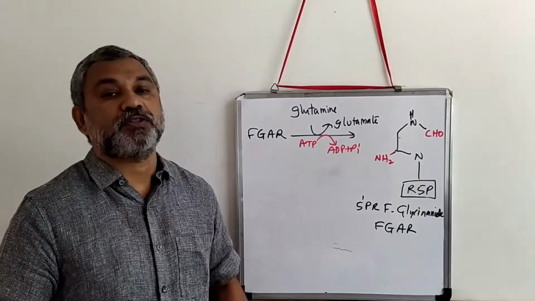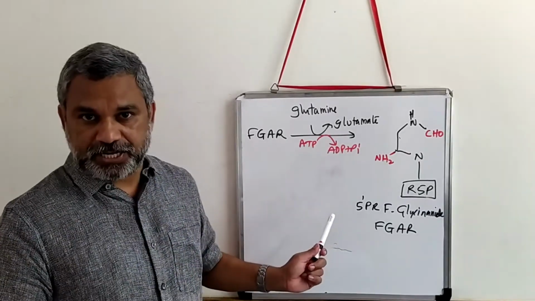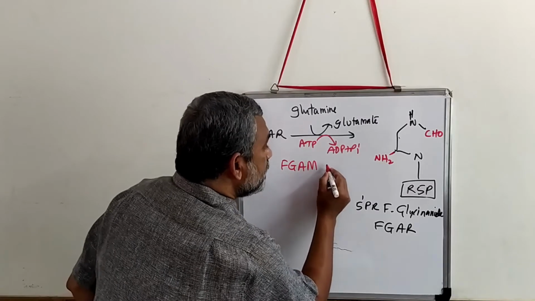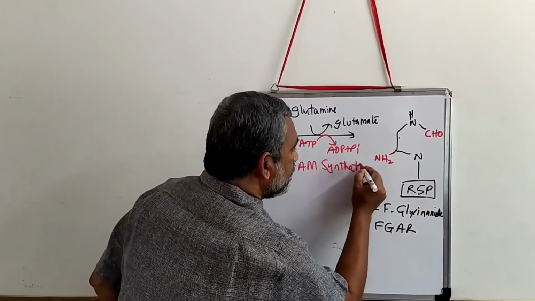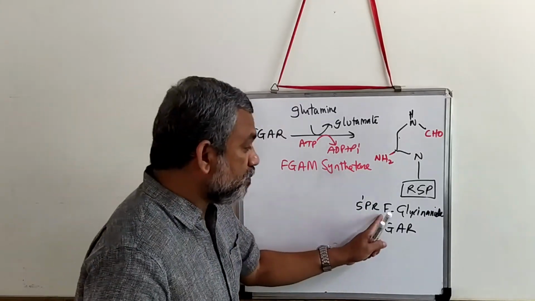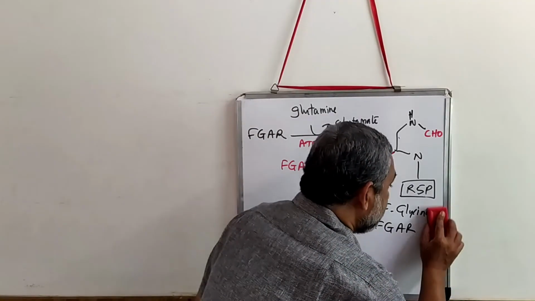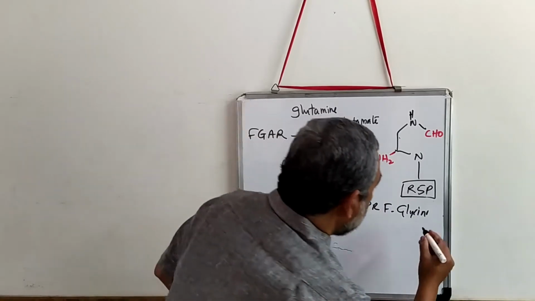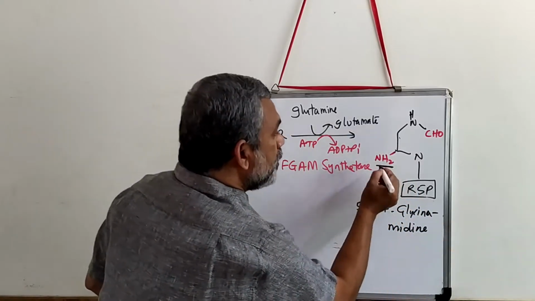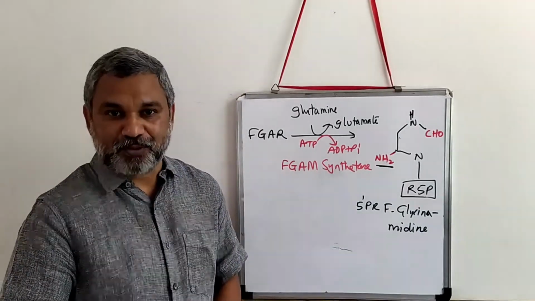That energy is utilized for the formation of this amino group, and it is a transamination reaction. It is catalyzed by FGAM synthetase. And the name of the product is 5-phosphoribosyl formyl glycinamidine, showing the presence of an amino group. This is reaction number 4.